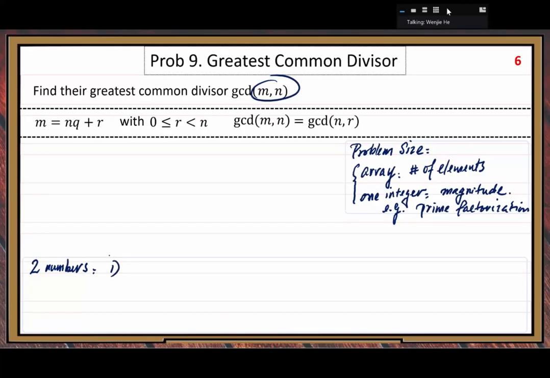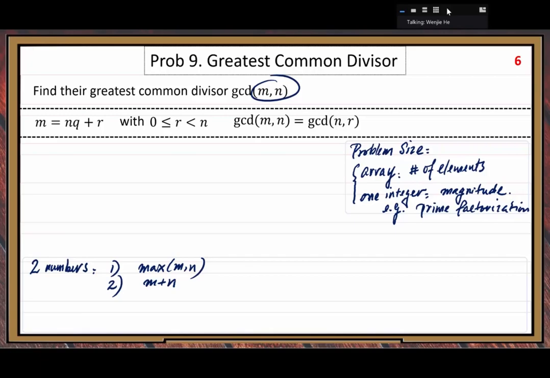So for this case, there are several possible ways people can define it. One is to use the maximum of m and n to define the problem size. But there is another way: define m plus n to be the size. How about that? Also reasonable. The sum of the magnitudes of the two given non-negative integers.